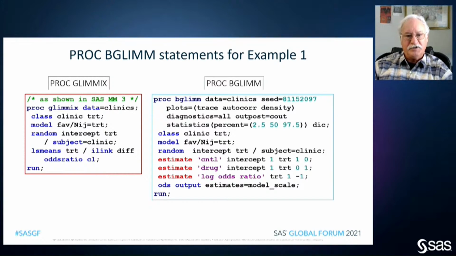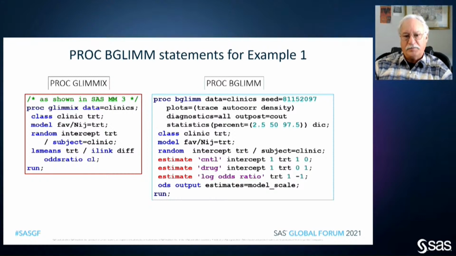The equivalent BGLIMM program uses exactly the same class, model, and random statements. The differences are in the PROC statement. In the PROC statement, there are some diagnostic things that we need to ask for. We want what are called trace, autocorrelation, and density plots. We want all the diagnostics so that we can look at them.